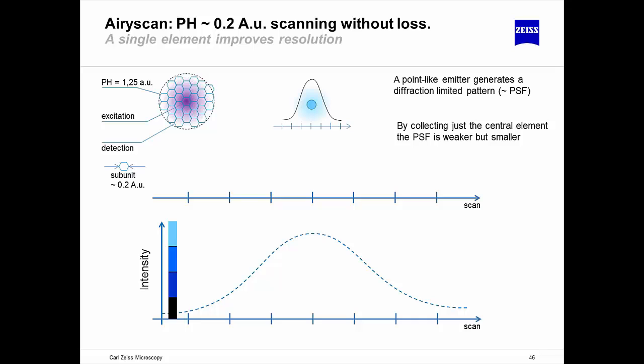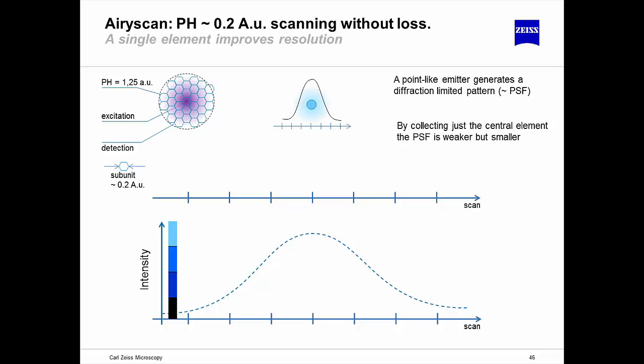And typically when we use the system, we scan a slightly bigger area. So each of the elements shown as hexagons on the top left here, each of these 32 elements are about 0.2 area units each, but in combination they cover 1.25 area units in diameter.